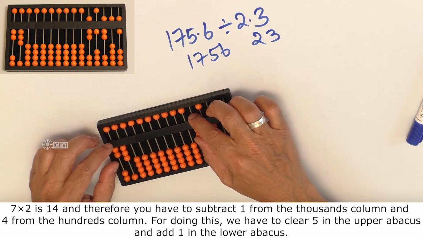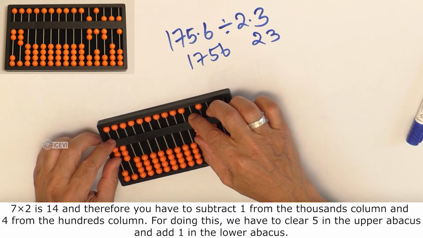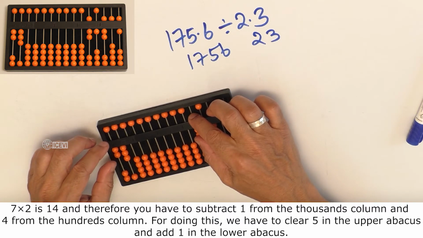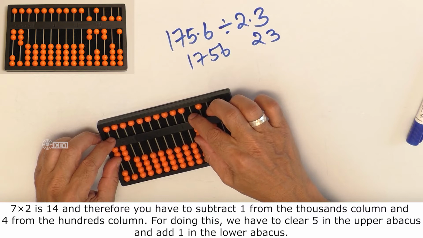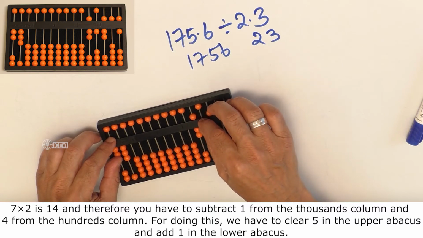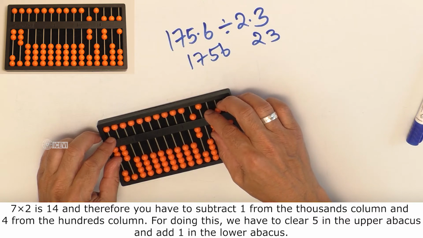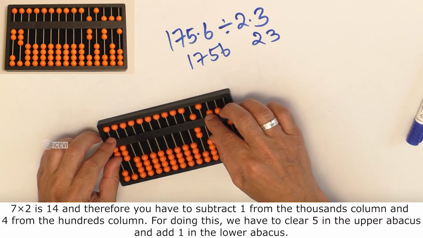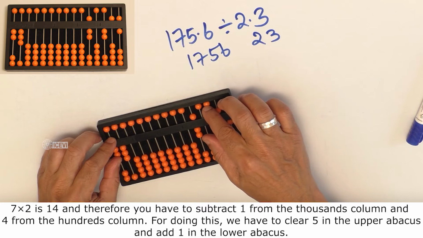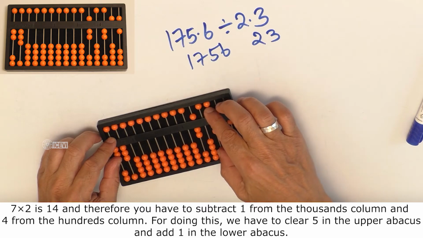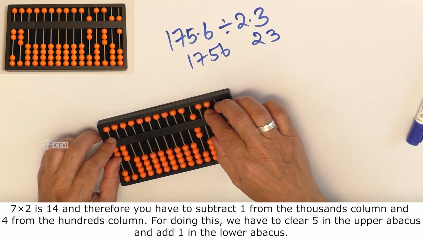7 multiplied by 2 is 14, and therefore we have to subtract 1 from the thousands column and 4 from the hundreds column. For doing this, we have to clear 5 in the upper abacus and add 1 in the lower abacus.